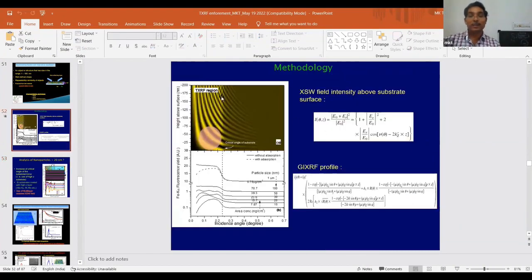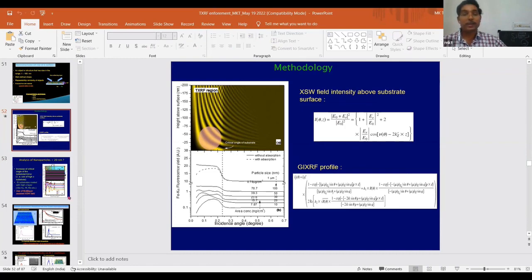Here in TXRF, you have a standing wave field, with size given by 2D scientific n lambda. The size of the standing field is slightly large. If the particle is smaller than the height of the standing field, then you cannot distinguish its size.